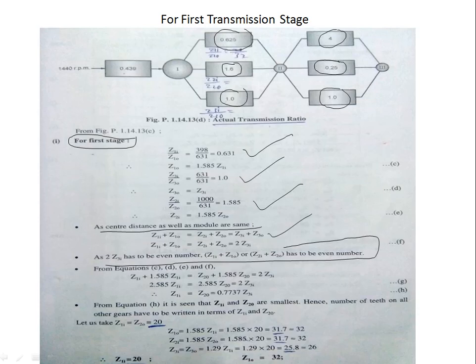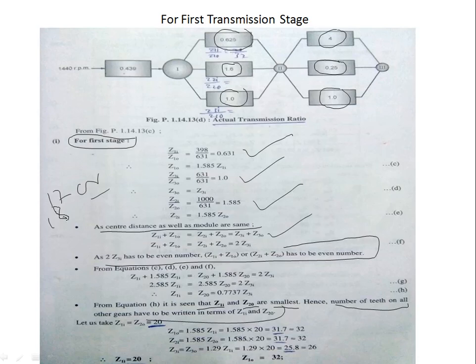So from equations G and H, it is seen that Z1 input and Z2 output are the smallest gears. The motto behind this is that we have to find the smallest gear, that is, we need to take the number of teeth on the smallest gear. We know that it is 20, or nearer to 17 or 18, which is a predictable value.